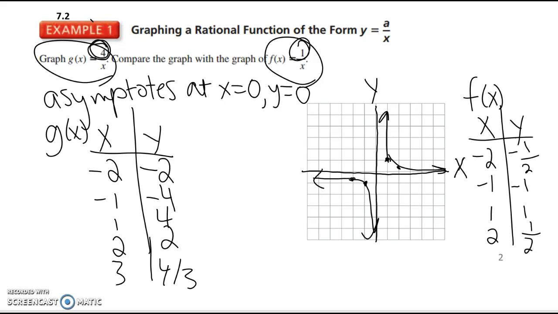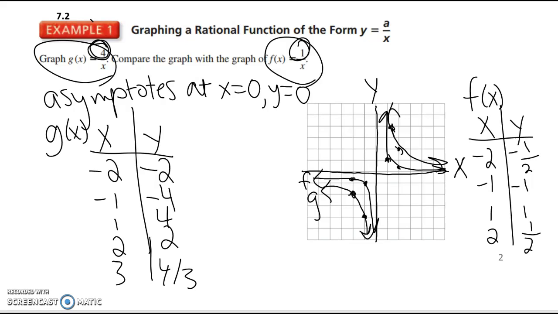And then when I plot these, I get negative 1, negative 4, 1, 4, 2, negative 2, and 2, 2. So the graph looks something like this. It's a curve that's just further away from the x and y axis. My g of x would be here, my f would be here.